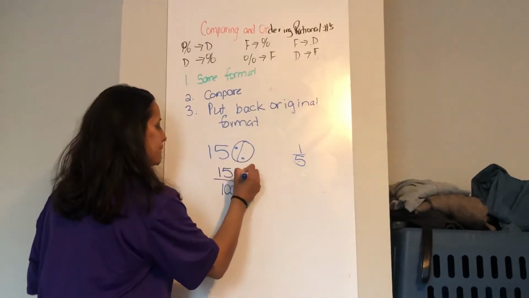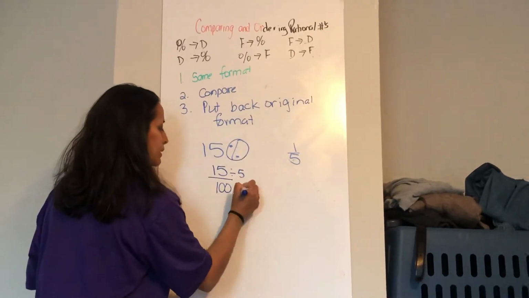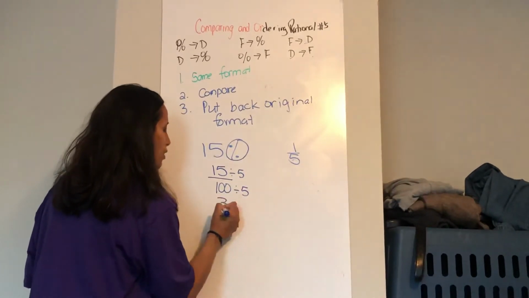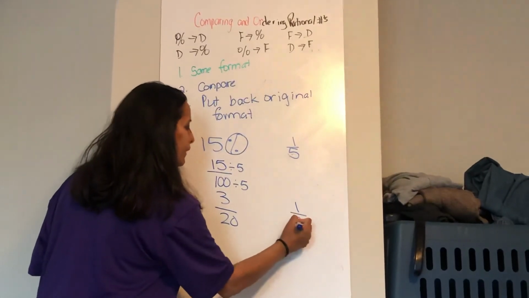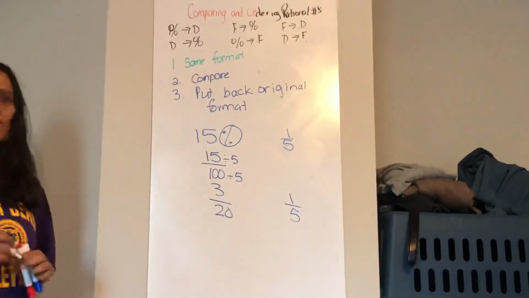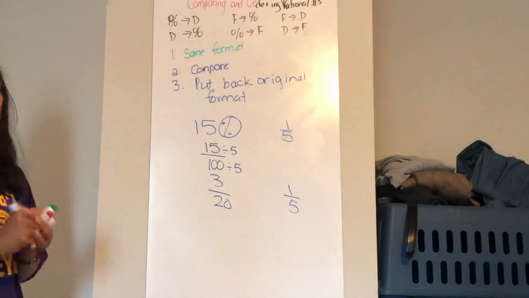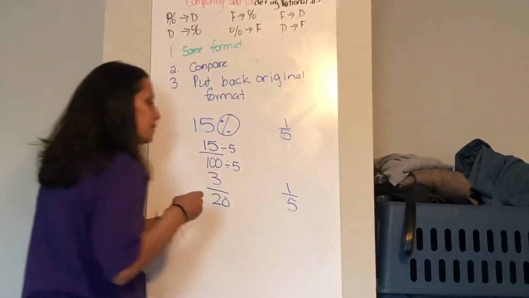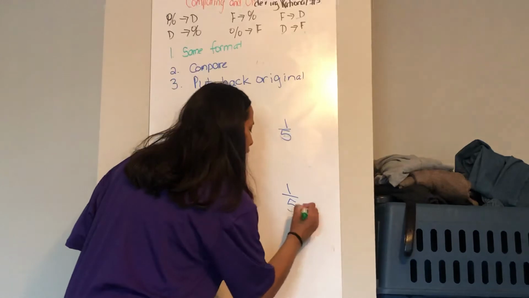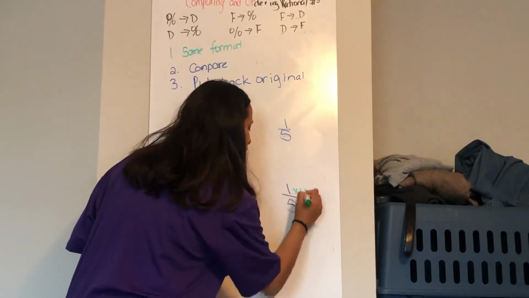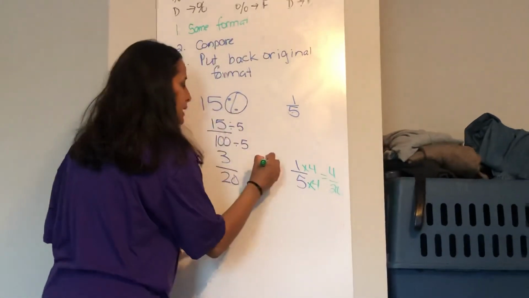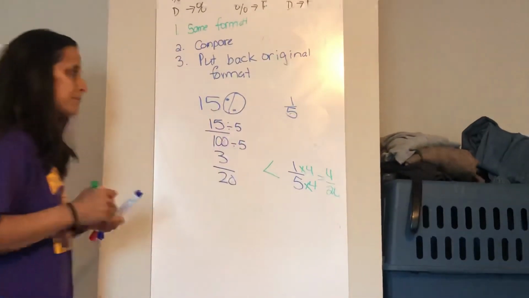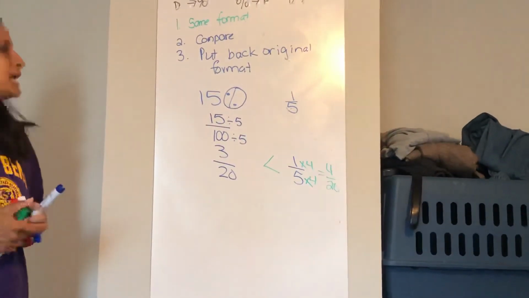Can I reduce by 5? I get 3/20 compared to 1/5. So now you can't compare them because they don't have the same denominator. So you can say, I'm going to change my denominator to get 4/20. So that means that this is bigger. Now that's a lot of extra steps.